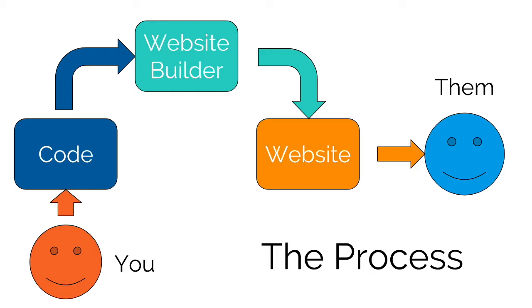There are dozens, maybe hundreds of these different kinds of tools, but they take content, compile it, if you will, into HTML output, and make a website that you can host somewhere and that your users can reach. So our process: we're going to be working on the code side. We're going to give our code to a website building tool, and that tool will do the hosting for us, and then our users will be able to reach our stuff.